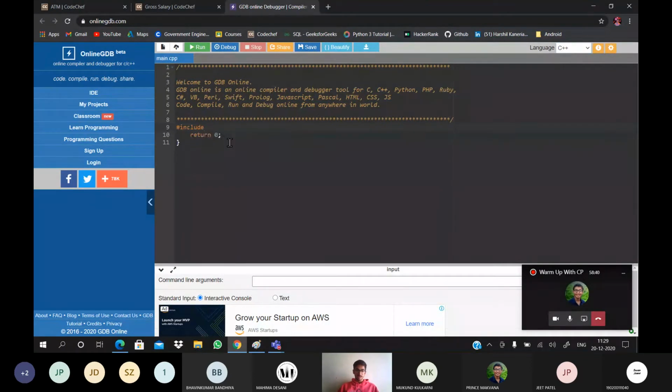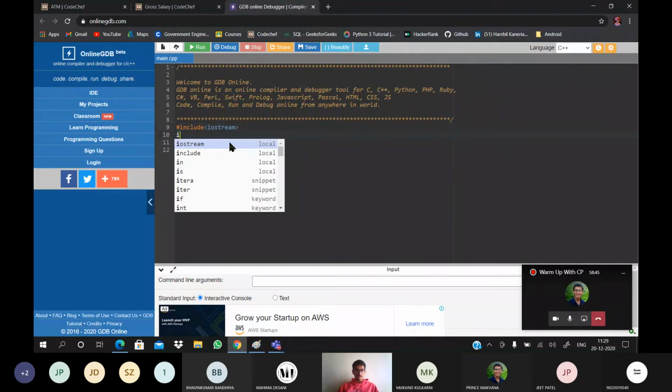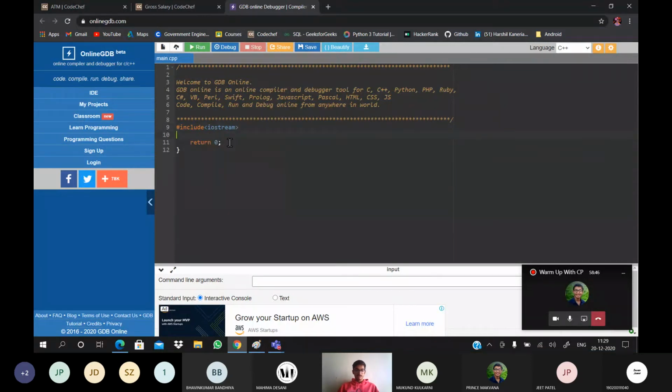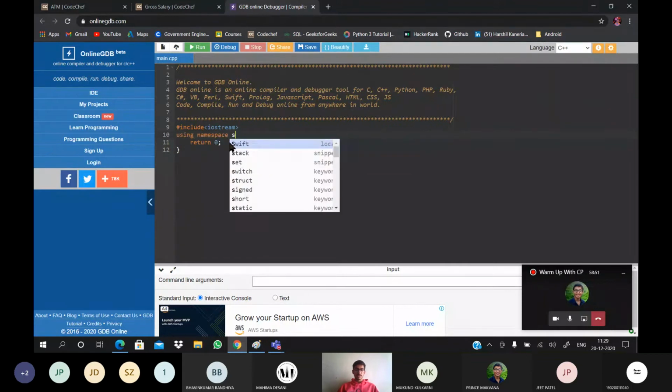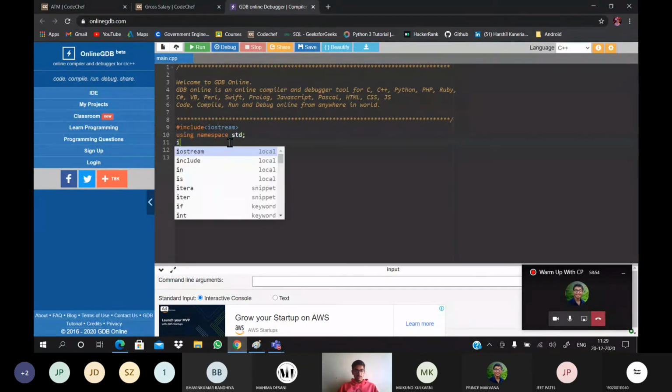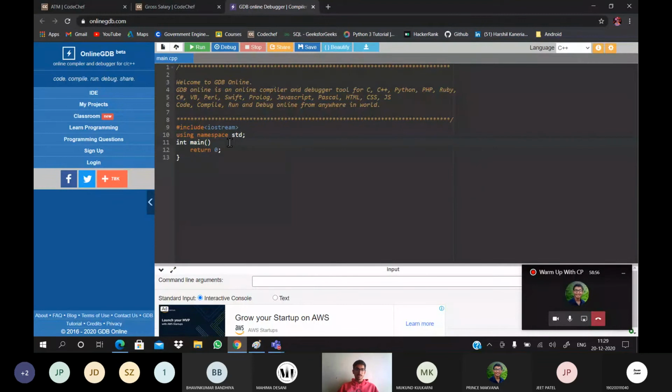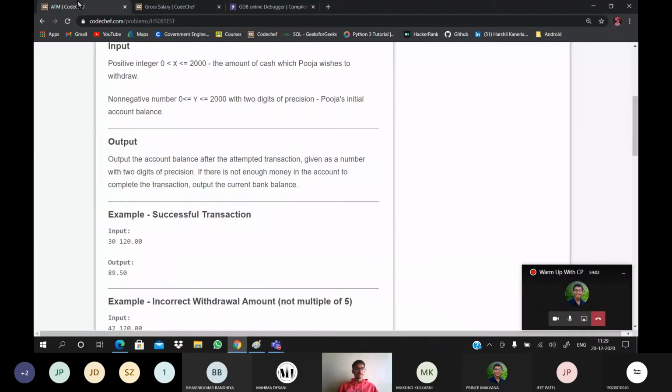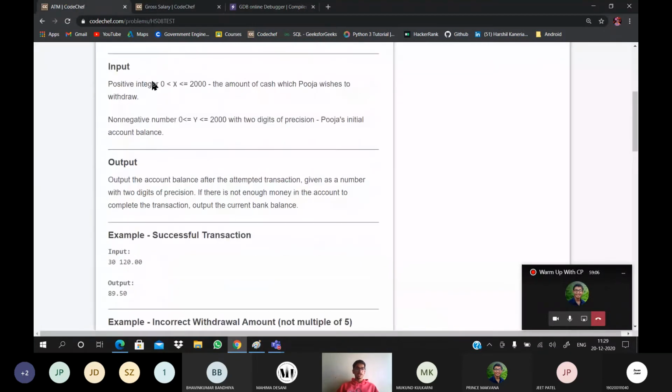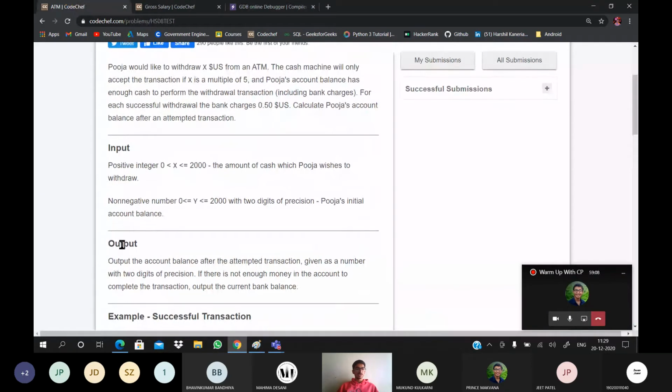First of all, include the iostream file and using namespace std. Then let us build the main function.